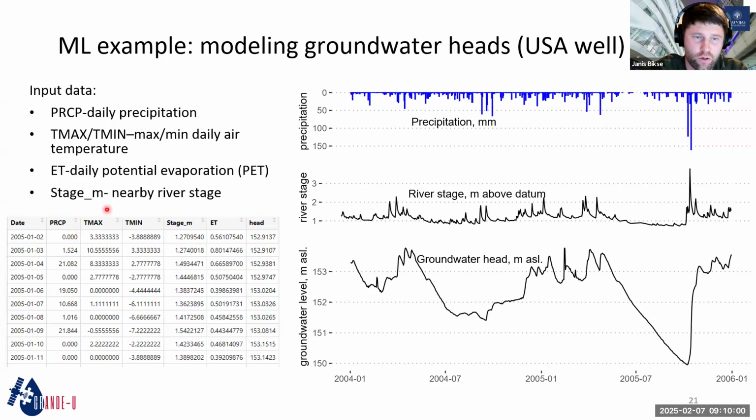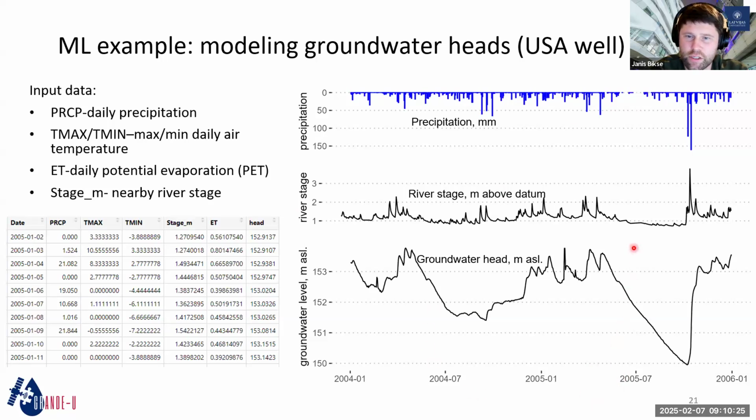We had temperature mean and temperature maximum for each date. We had evapotranspiration, in this case potential evapotranspiration. And we had the stage of the nearby river. And that's how, for example, precipitation and river stage looked. And this is the groundwater head for a small fragment of 2 years.